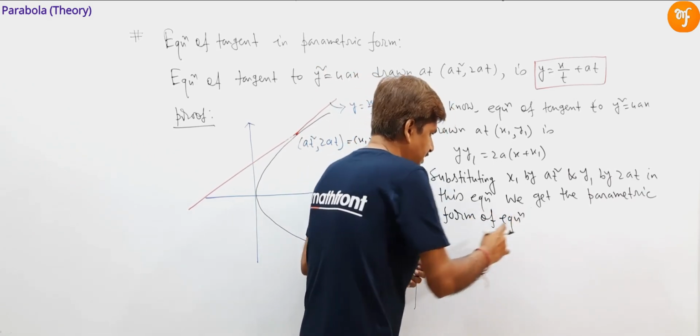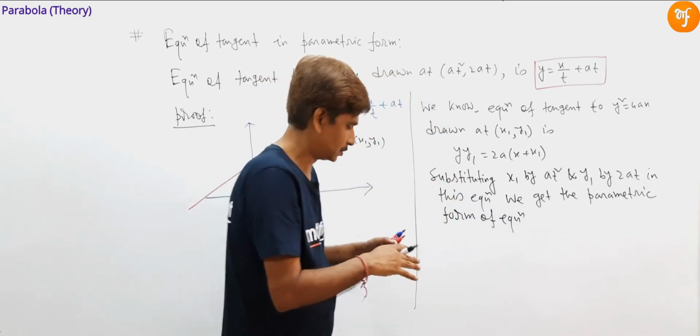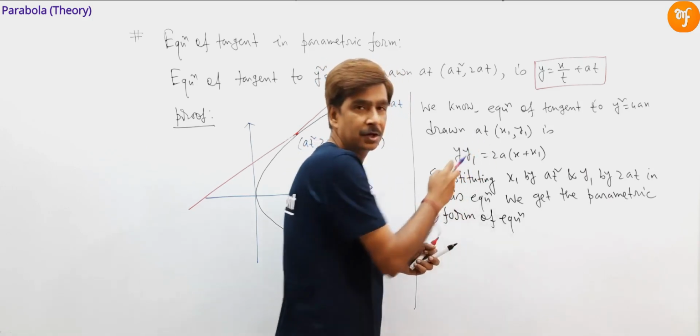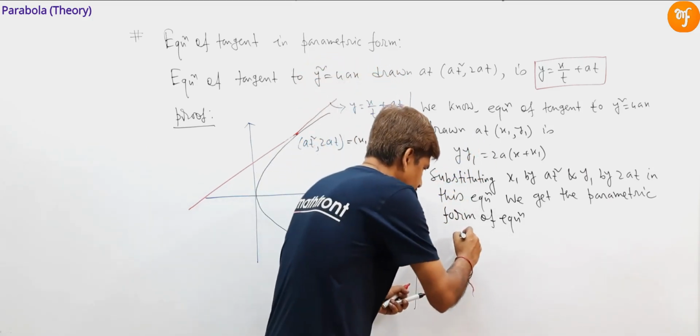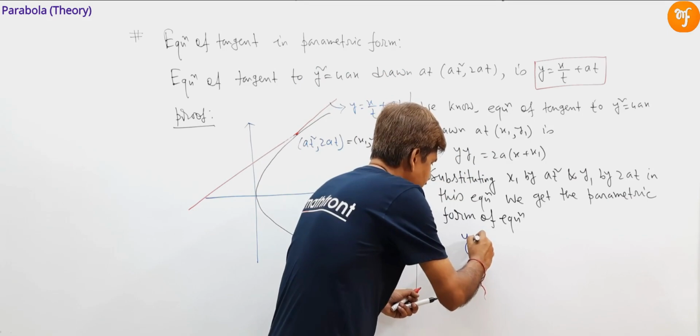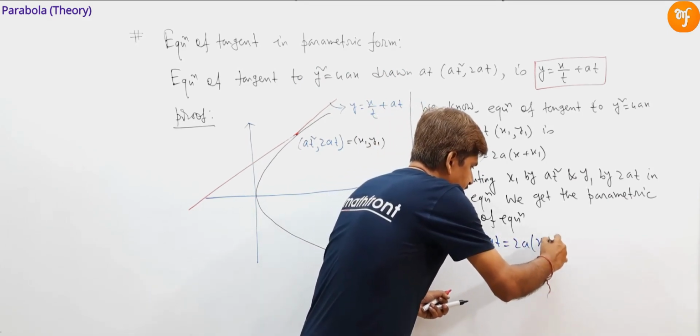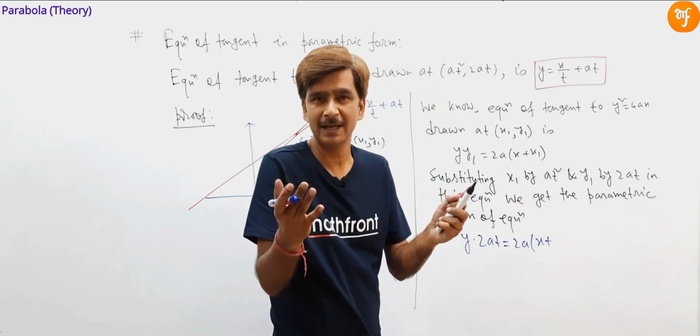Okay, so let's substitute. So what we will get? y1 is substituted by 280. y into 280 is equal to 2a into x plus x1 is substituted by 80 square.